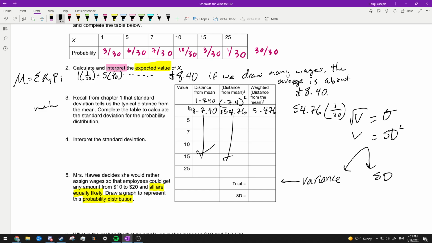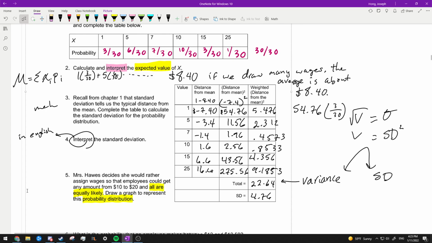So try to fill out this table yourself. I'll pause it, and then we're going to interpret the standard deviation, or write it in English. Remember, interpret means in English. So try this out yourself in 5, 4, 3, 2, 1.